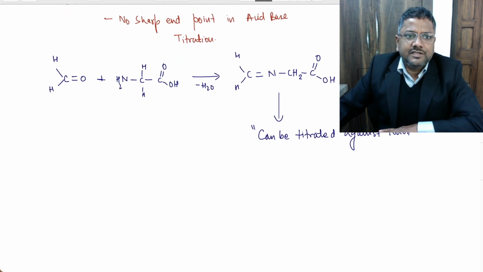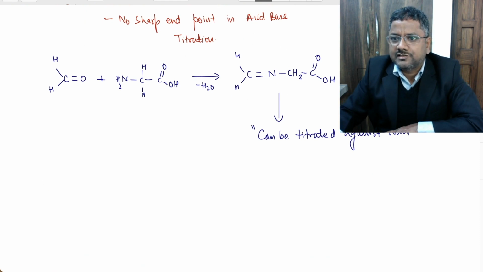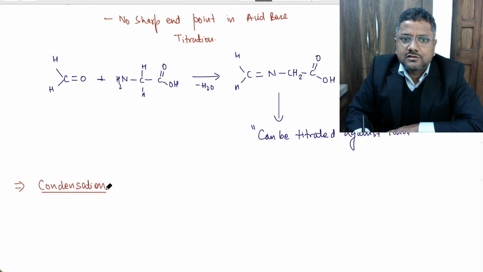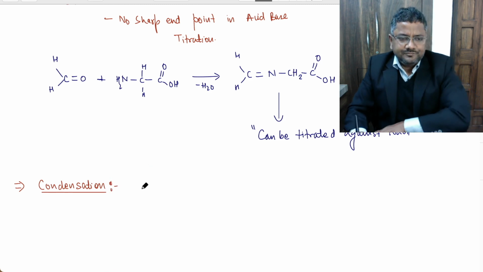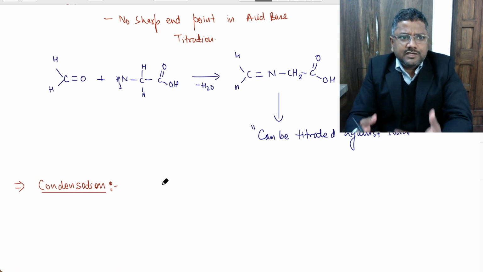Now, another and very important reaction of these amino acids is condensation. Two or more alpha amino acid molecules are condensed with each other, and they form the amide linkage.